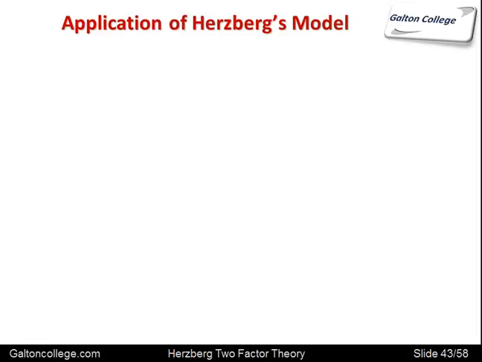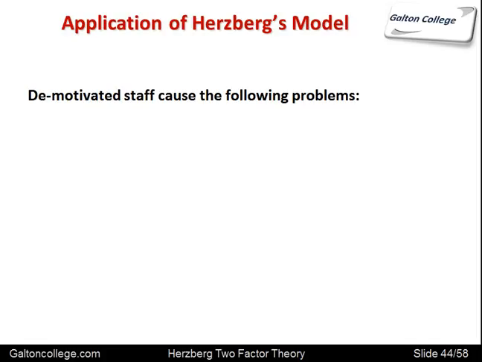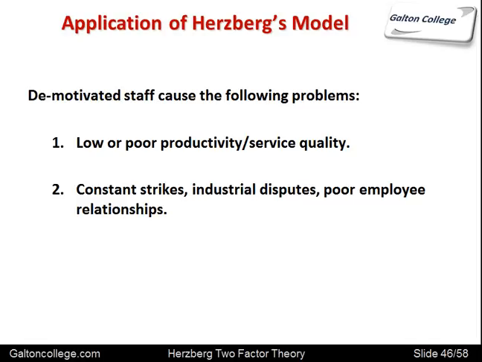Now the application of the model, well, demotivated staff cause the following problems. Low or poor productivity. So there's very poor productivity if the staff are not motivated. There could be constant strikes or industrial disputes or poor employee relations.